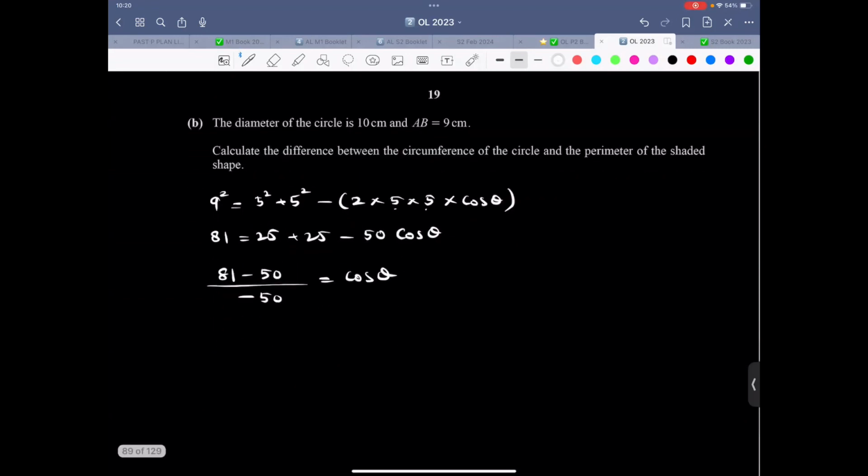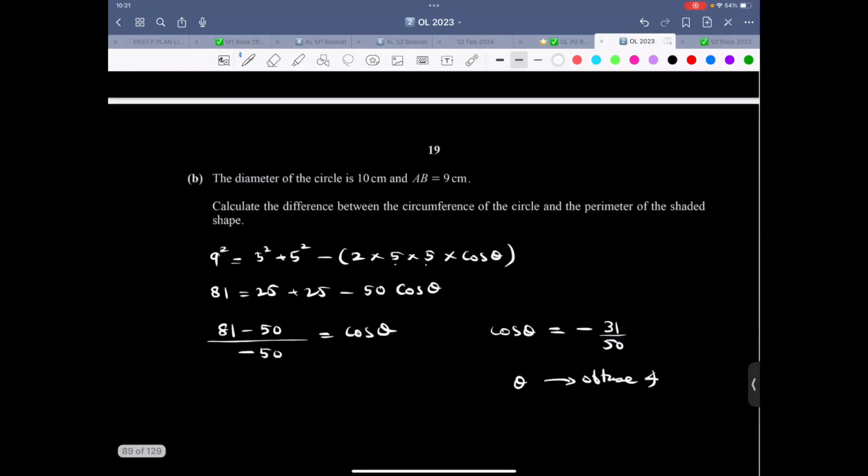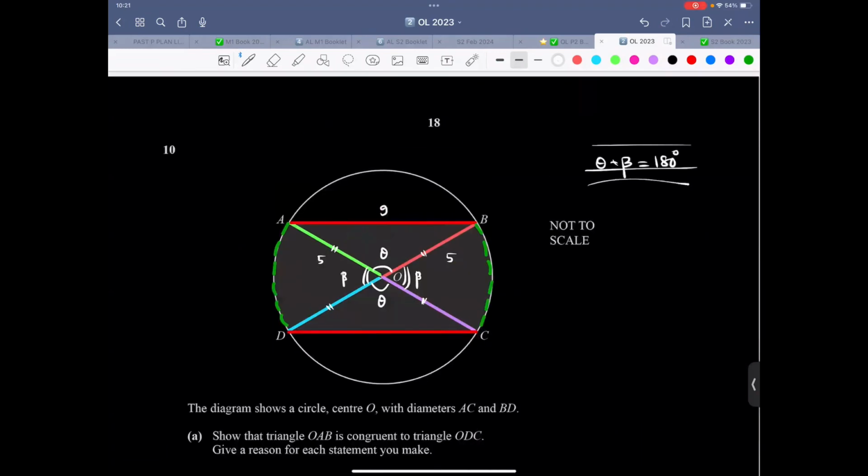81 minus 50, that comes out to be 31. So therefore, cosine of theta is negative 31 over 50. Now keep in mind, theta is the obtuse angle, and theta plus beta adds up to 180. There is a rule which says cosine of 180 minus theta is negative cosine theta.